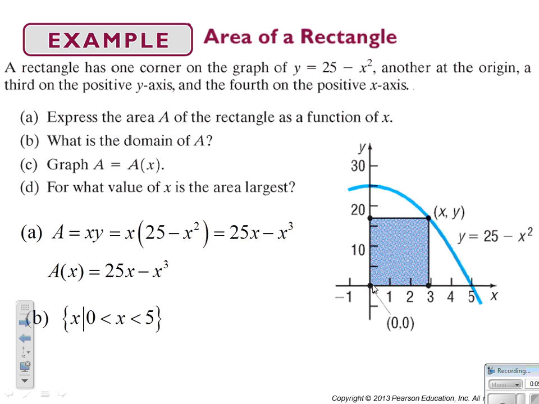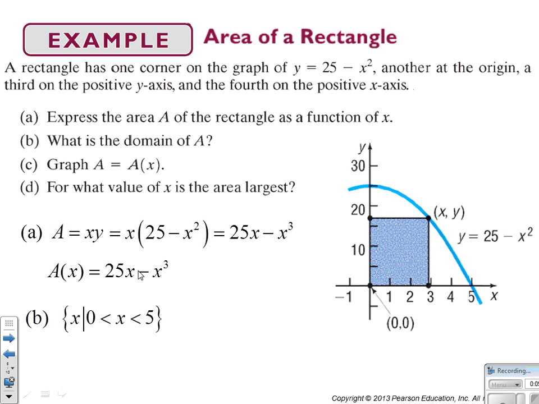And because we have a corner on the origin, this corner stays fixed, so we are not going to go less than 0. So our x value or our domain is between 0 and 5.